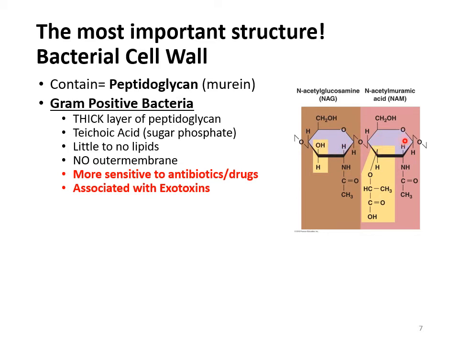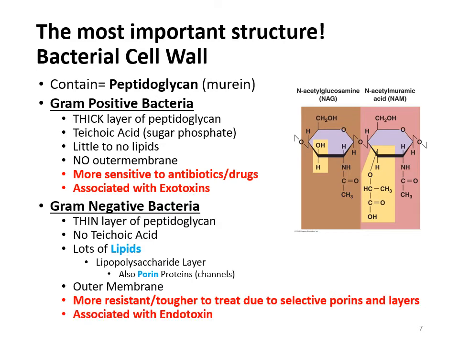So they're NAG and NAM. There is a whole lot of this peptidoglycan in gram-positive cell walls, and remember, gram-positives we said are the more sensitive of the two types of cells, and they also tend to be associated with exotoxins, whereas gram-negatives, these guys are the ones with less peptidoglycan but a whole lot of lipids.